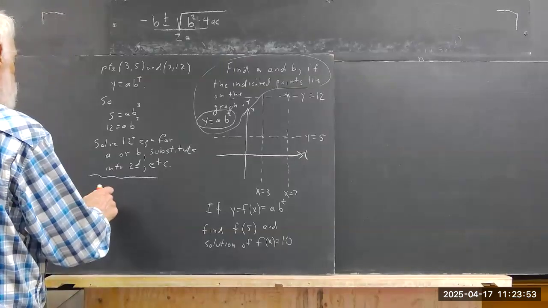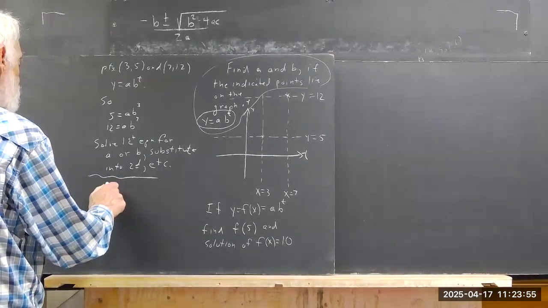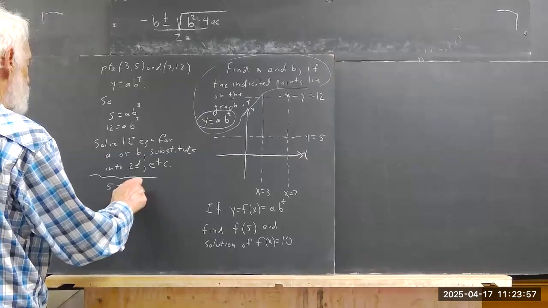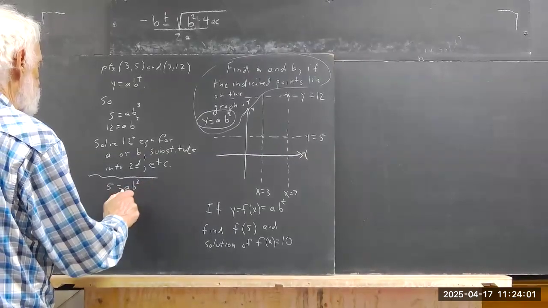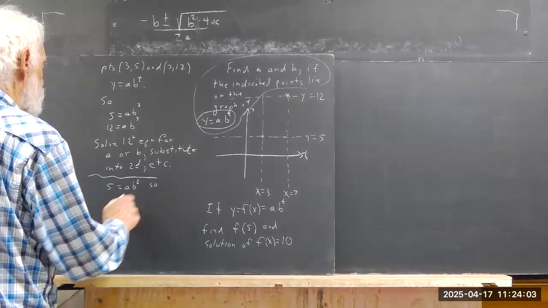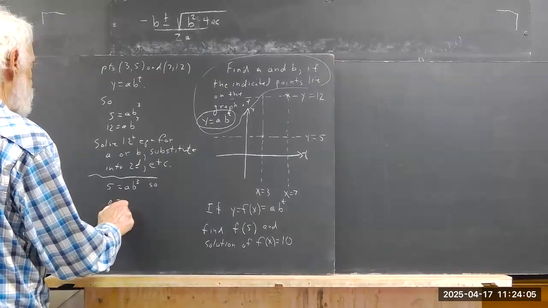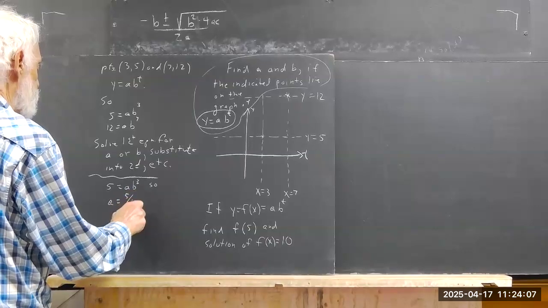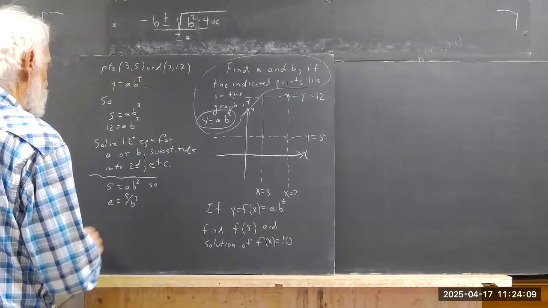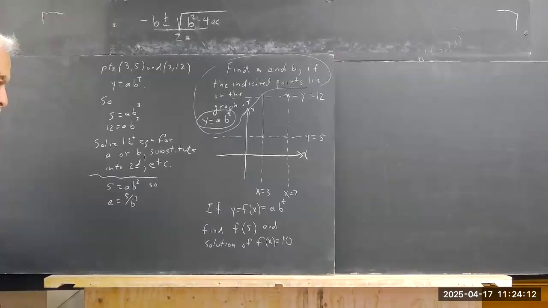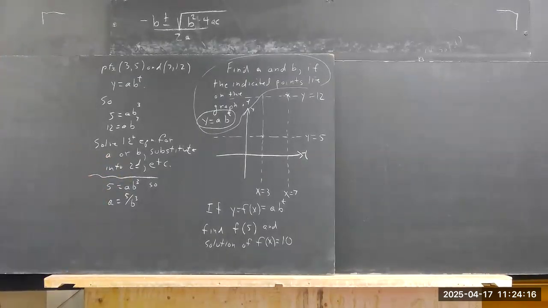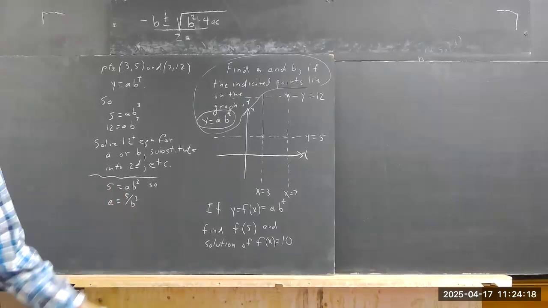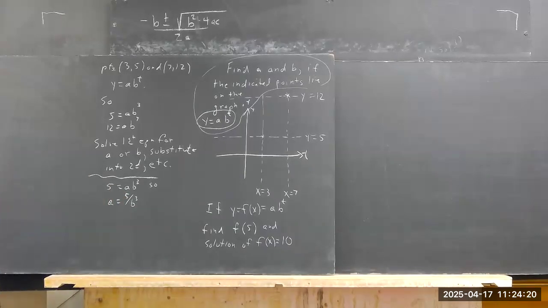Okay. So first equation. 5 equals a b to the third. So A is 5 divided by b to the third. Of course, we're dividing both sides by b to the third, and I'm not going to be including those steps at this point.